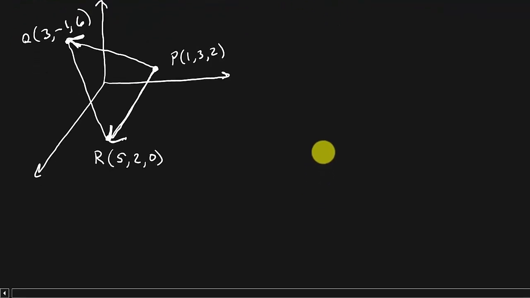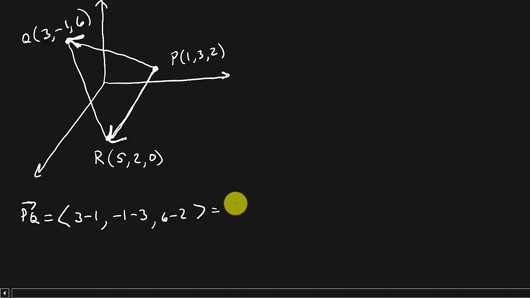Okay, so let's get vector PQ. What is vector PQ? That's 3 minus 1, negative 1 minus 3, and 6 minus 2. And that's going to be the vector 2, negative 4, 4.